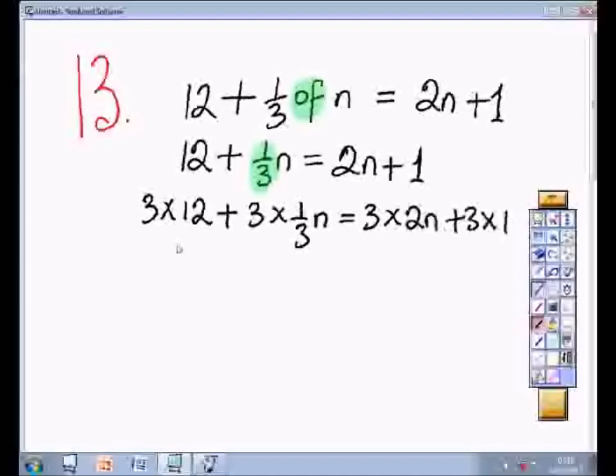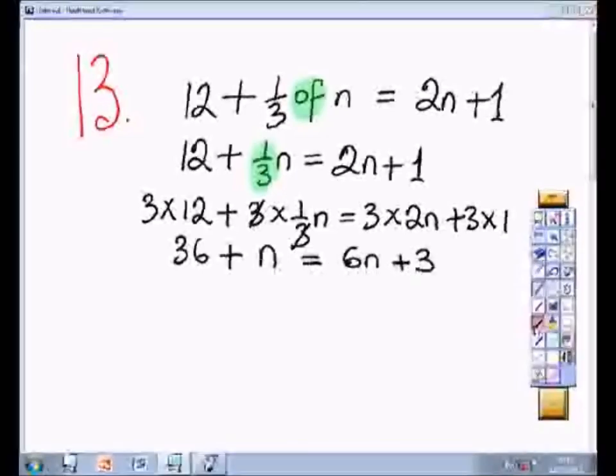This gives us 36 plus n, as these two cancel out, is equal to 6n plus 3.